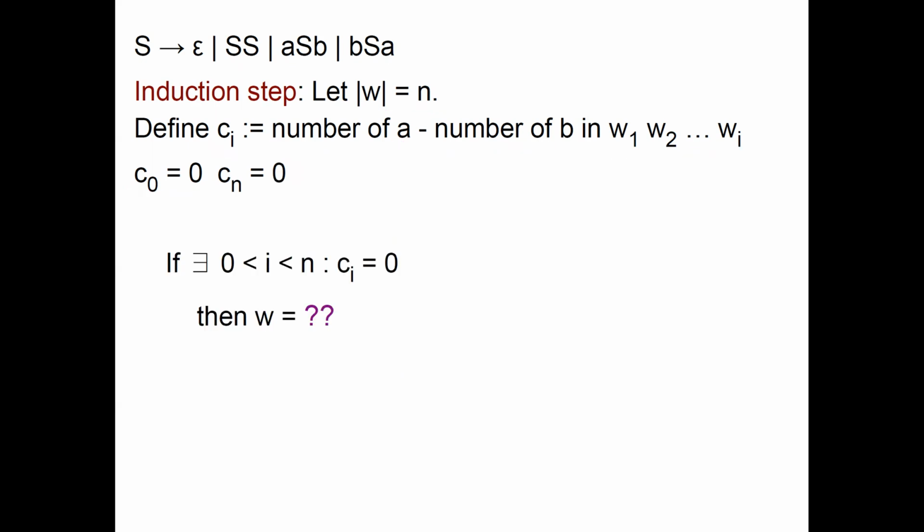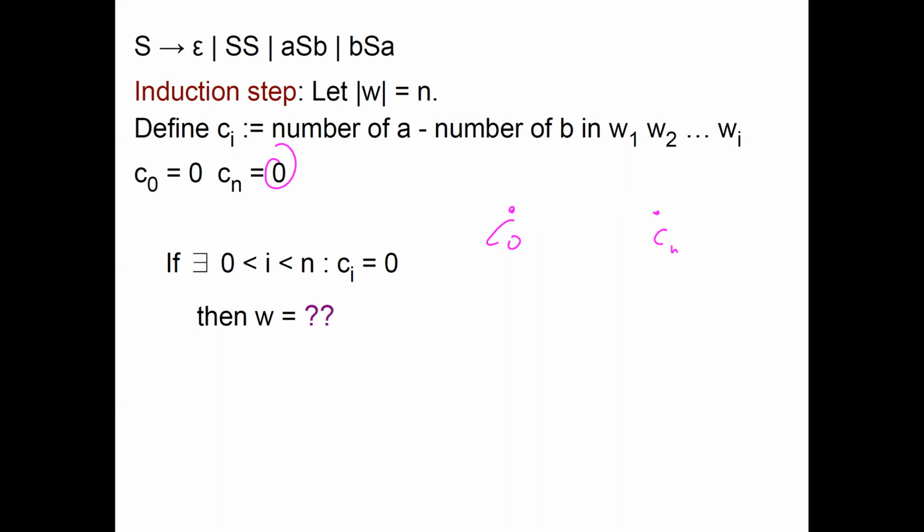C_n is 0 also, because by definition a string in the language has the same number of A's and B's. Now we do a few cases. So C_0 is 0 and C_n is 0, and this difference can go up and down. I'm going to behave differently depending on how it goes up and down.